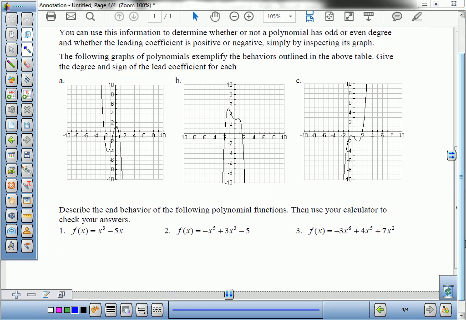So, all right. So this one, the ends are going the opposite direction. If the ends are going the opposite direction, we know the degree of the function is odd. So we know it's odd degree.